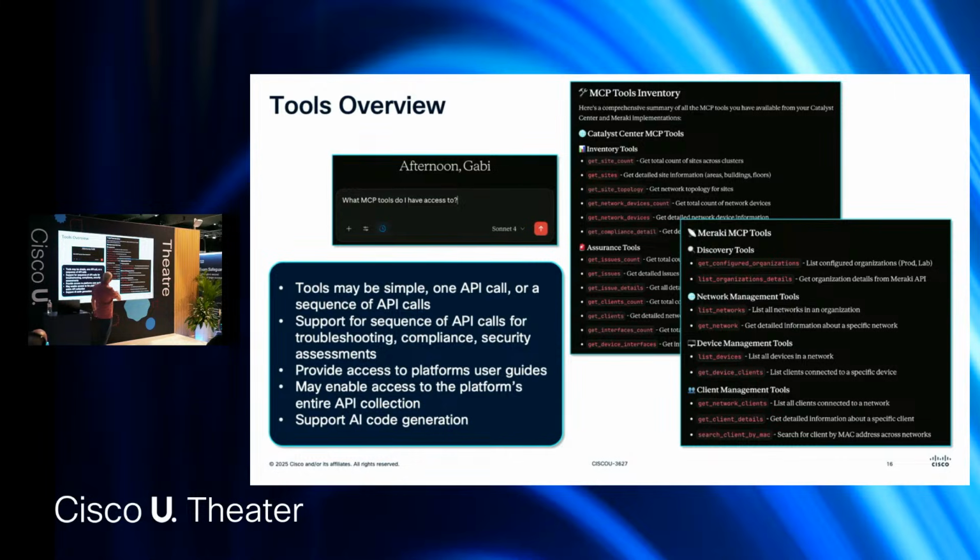For example, here I need to get the organizations first and then get the list of networks in a Meraki. So maybe there are two APIs. If I ask, give me the sites, it would know, let me get all the organizations first and get the sites after that.